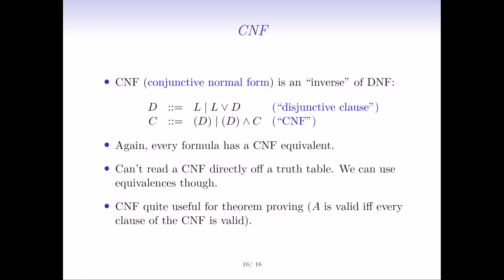So, for example, the disjunctive clause P or not P is valid because of the law of excluded middle, but the clause P or Q is definitely not valid because you can just take an evaluation where you set either of P and Q to 0.